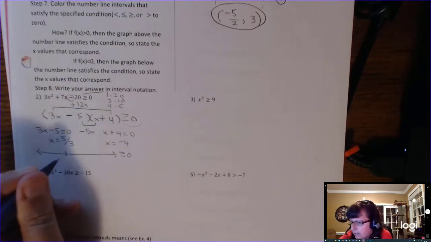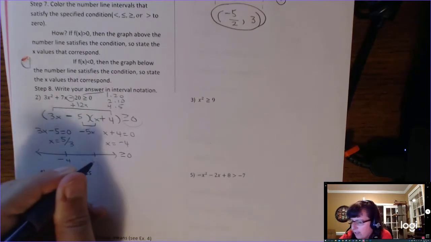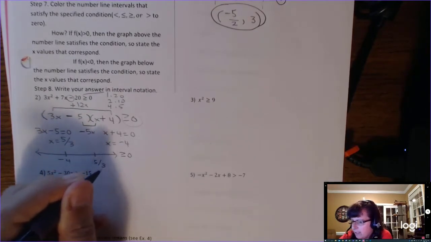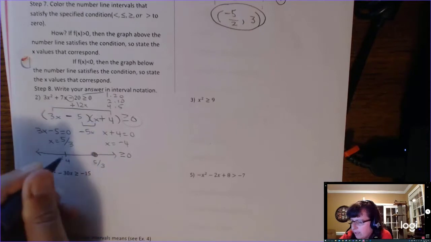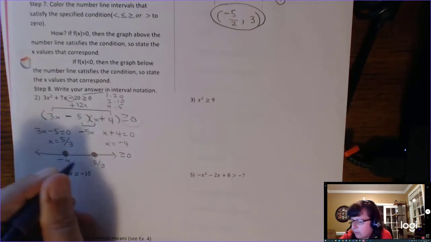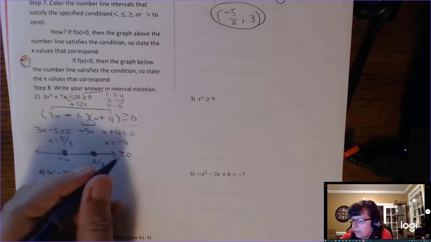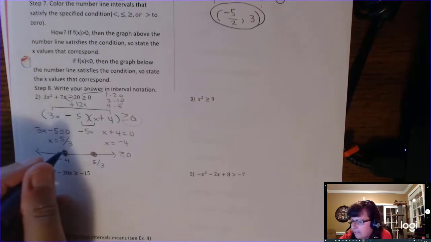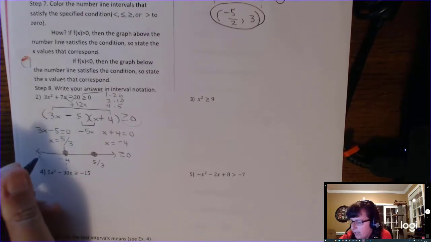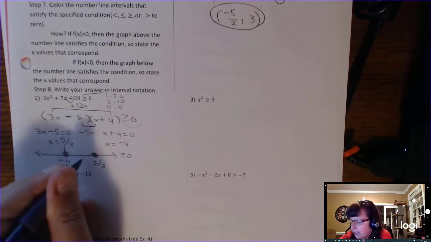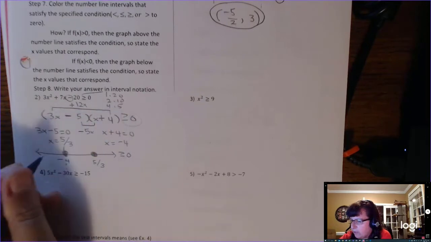So my test numbers are -4 and 5/3, and I get to include them this time because these numbers are what make the function equal 0, and we have that less than or equal to. And then my test intervals are -∞ to -4, -4 to 5/3, and 5/3 to infinity.